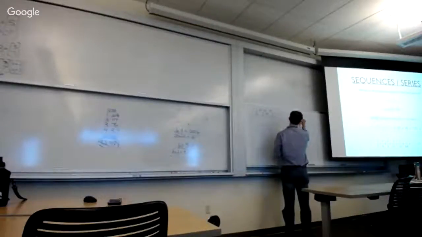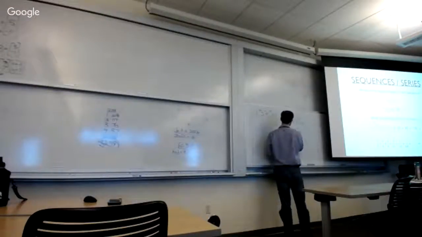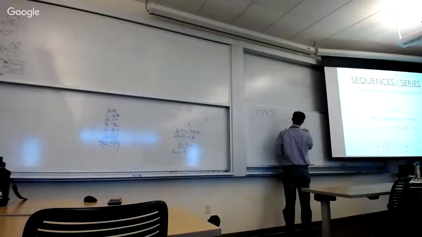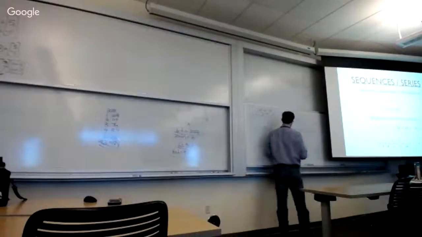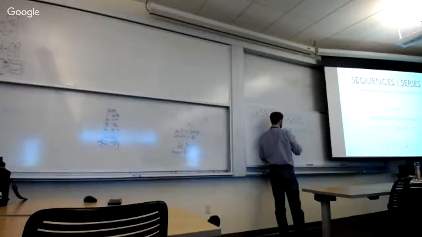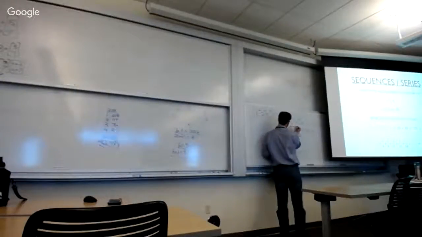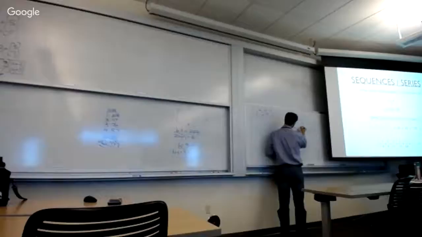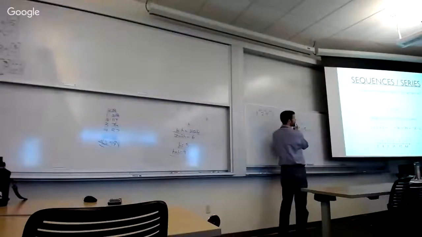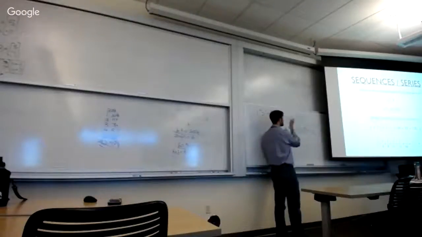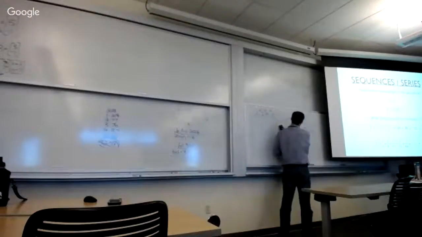But I could have the pattern 20, 15, 10, 5, 0, -5, and that's me adding -5 each time. Whether you're adding a negative or a positive, we're still going to call that valid, because you're doing the same thing each time.